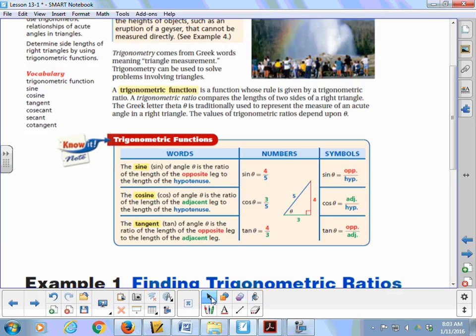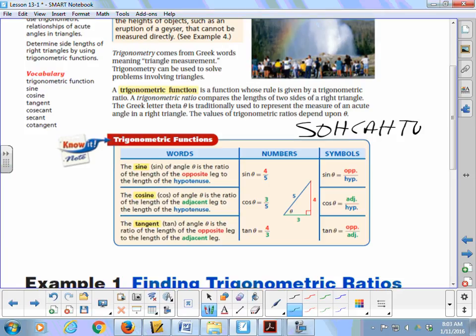So you are going to have to memorize them. One of the easiest ways to do that is a mnemonic. It's SOHCAHTOA.